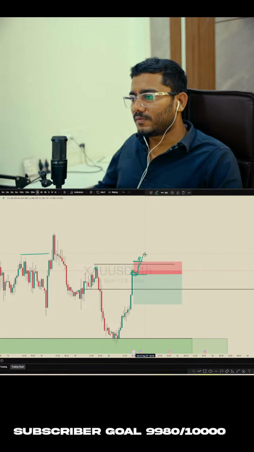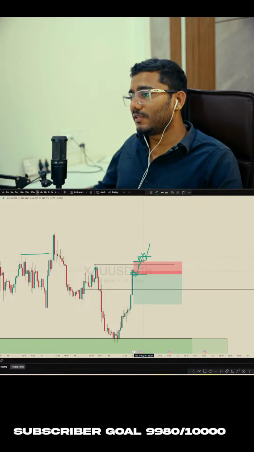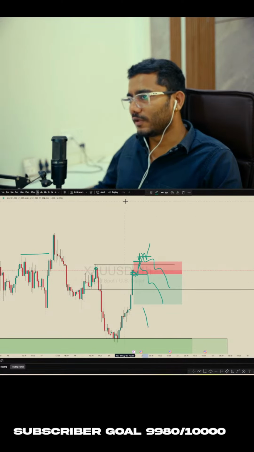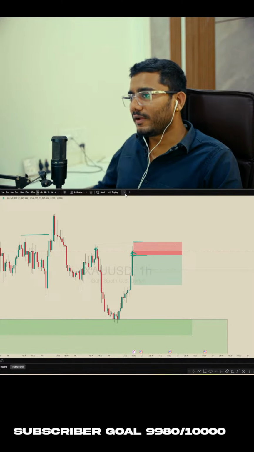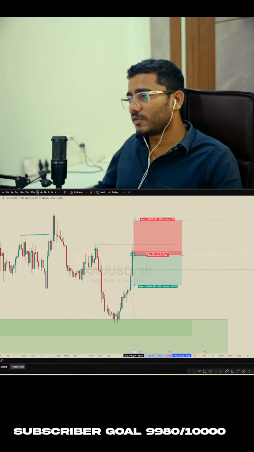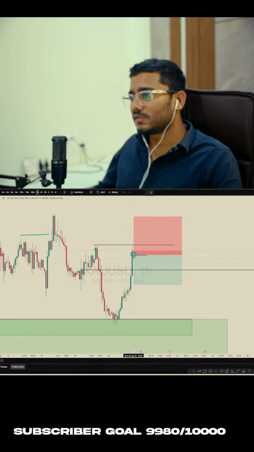When price goes to the upside, they will hope that price will go to the downside, and they will try to create a hypothetical situation that price will tap from this order block and now it will go to the upside. So this stop loss becomes this much, and they will lose more than 10% in one trade.